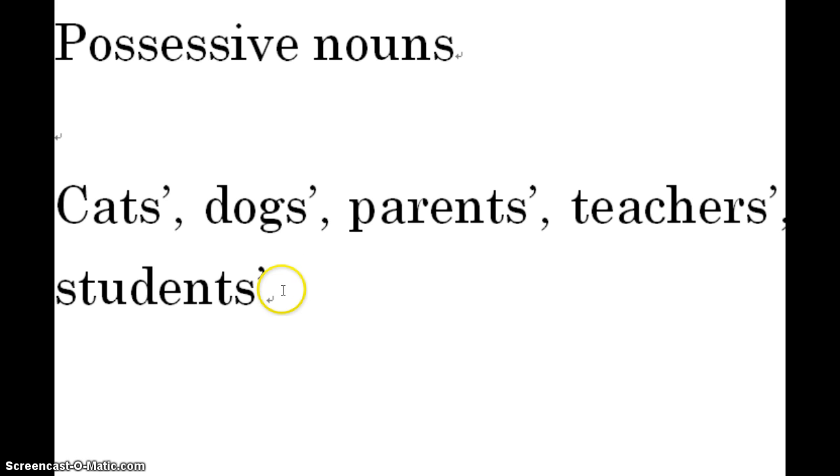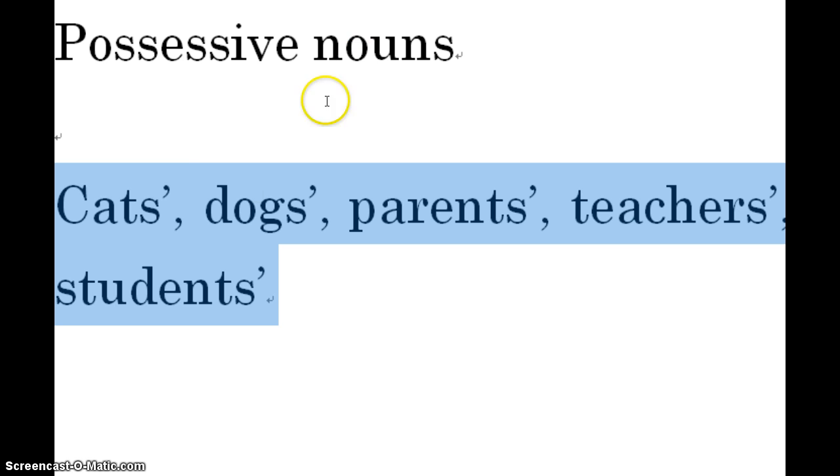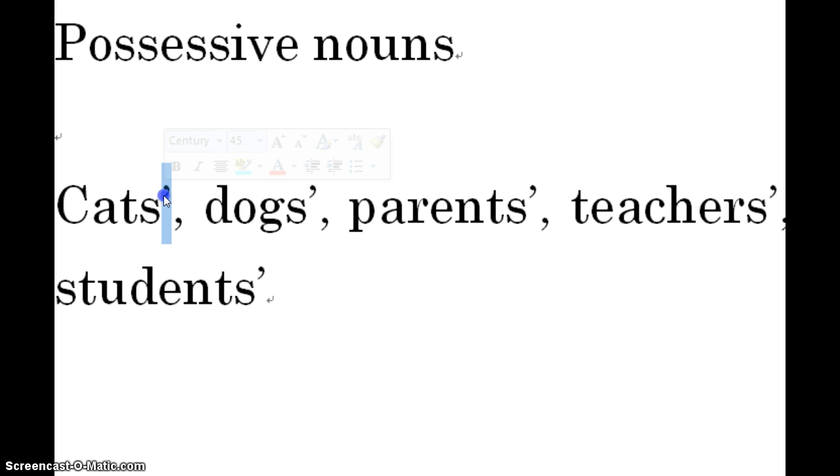These are all possessive nouns for plural nouns. And how do we know that? Well, we know that because the apostrophe comes after the S, which makes this a plural noun. So here we're talking about more than one cat, right? Or here we are talking about more than one student.